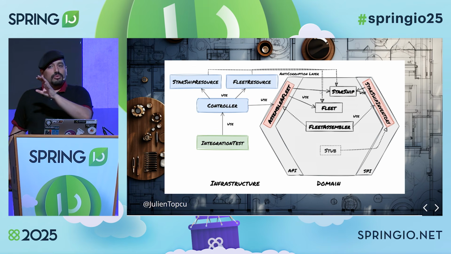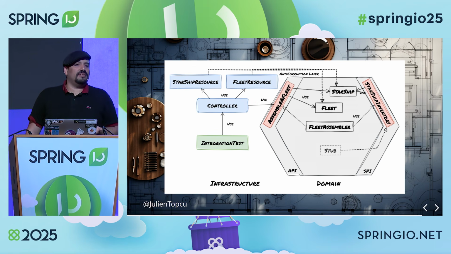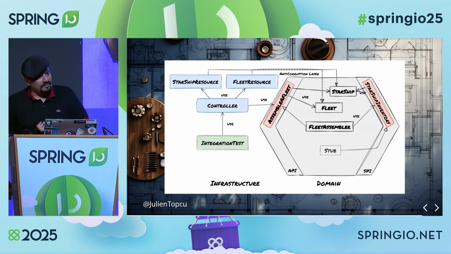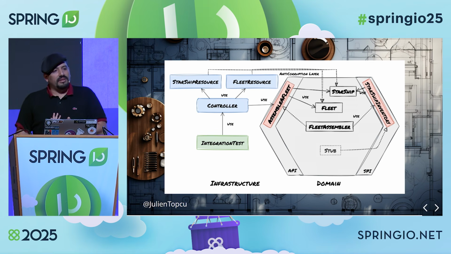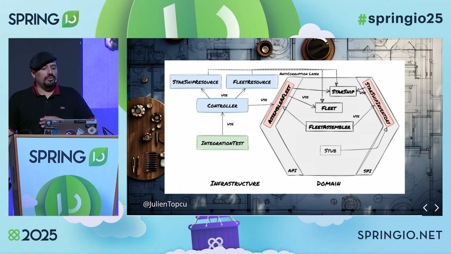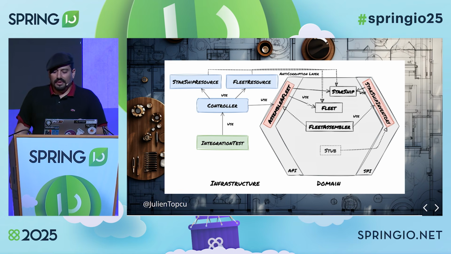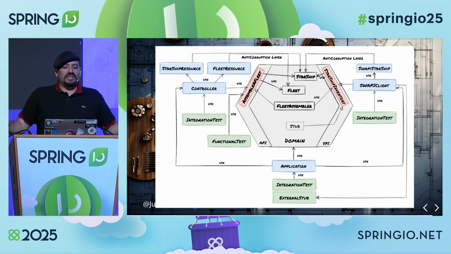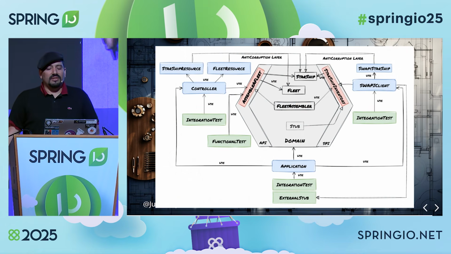I didn't do the persistence layer, but it's exactly the same thing. You might need to represent this starship, this fleet, in a way which is SQL-specific to be more performant, something purely technical, and maybe you don't want those things inside the domain as well. Right. So there is a big picture here of the hexagonal architecture.